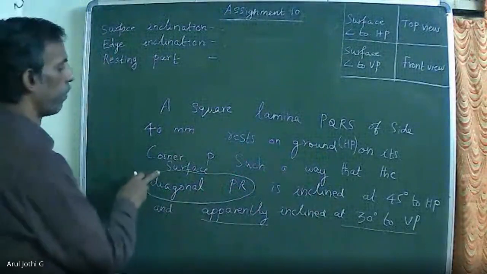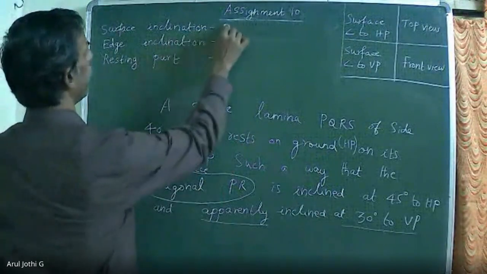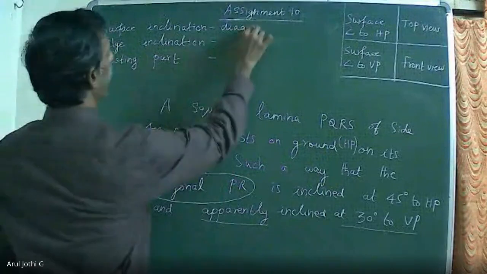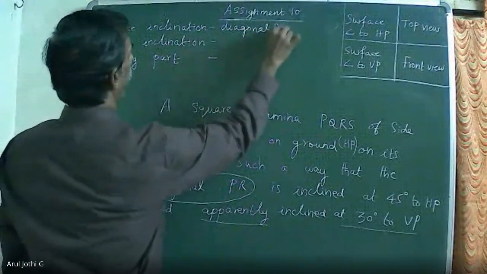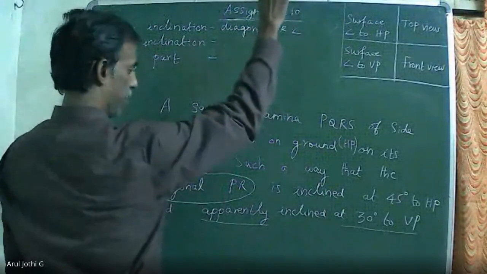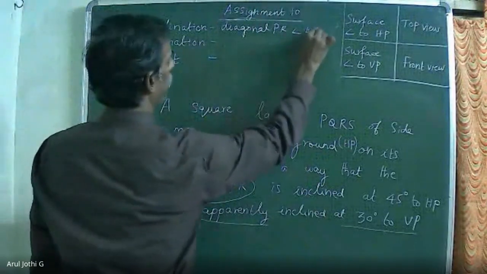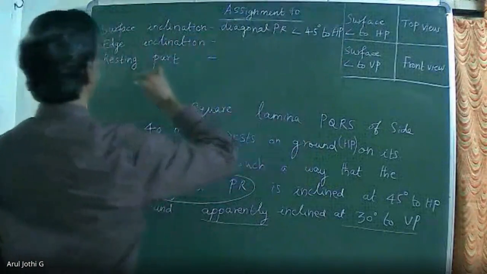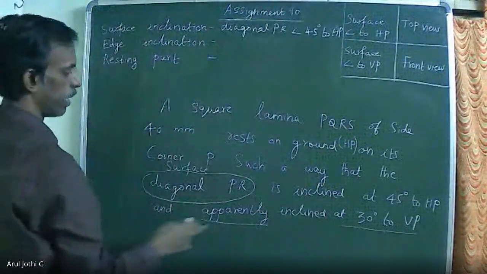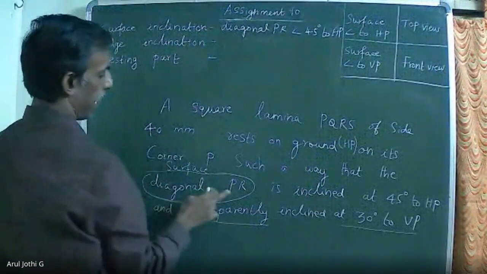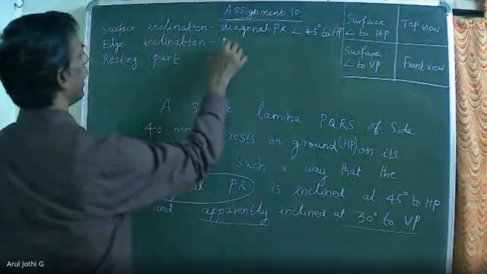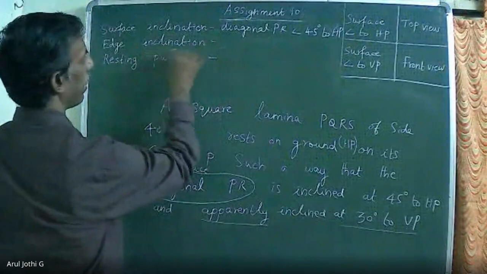Now we come to the problem. Surface inclination is given as diagonal PR inclined 45 degree to HP. That is the surface inclination. Edge inclination is also given: the same diagonal PR apparently inclined 30 degree to VP. That is the edge inclination or apparent inclination.